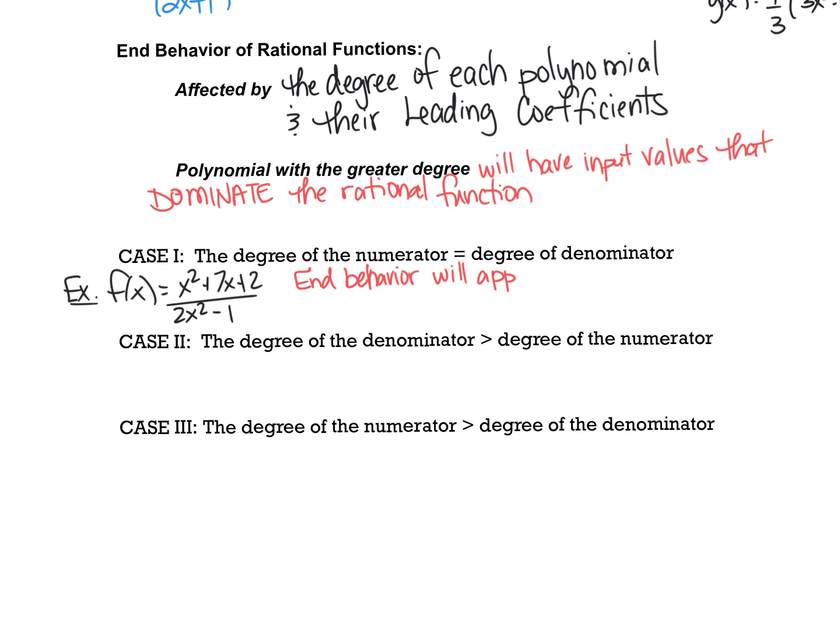The end behavior will approach the horizontal asymptote. The horizontal asymptote is the ratio between the leading coefficients.